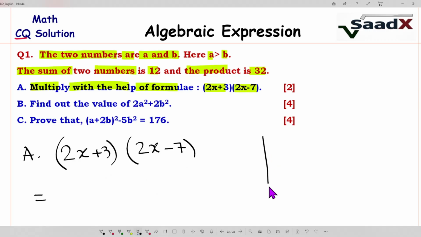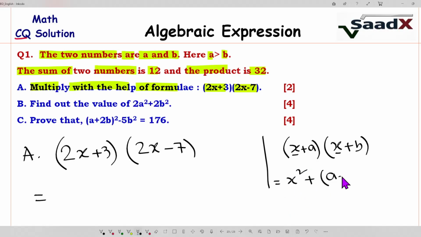So what is the formula? Look, x plus a times x plus b. We know here x square, then plus a plus b times x plus ab.